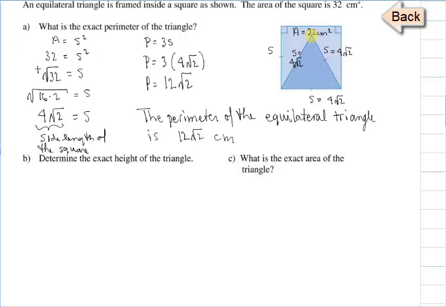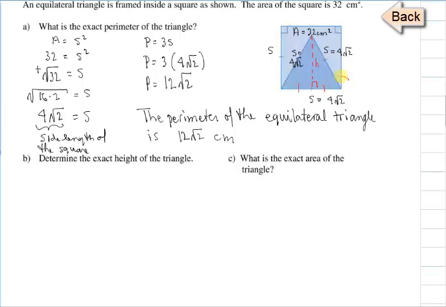So let's draw in a height, and the height always goes from the top vertex of your triangle down to the base at an angle of 90 degrees. So we will call this h. Now in this particular example, because we have an equilateral triangle, when we draw in the altitude or the height of our triangle, it will bisect the base into 2 equal parts.